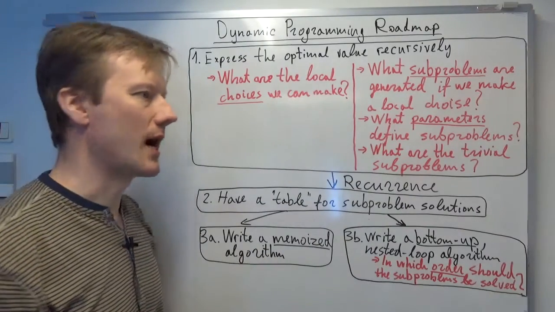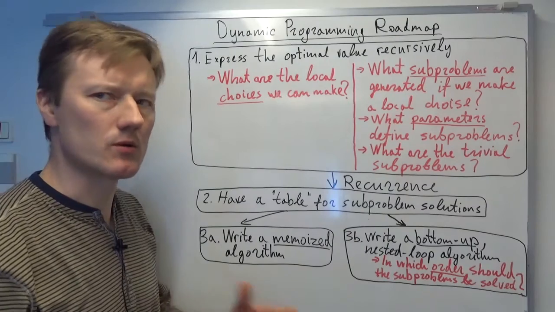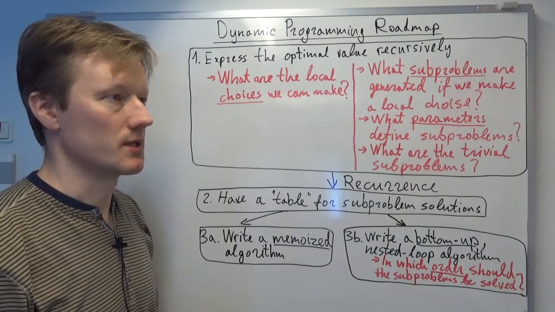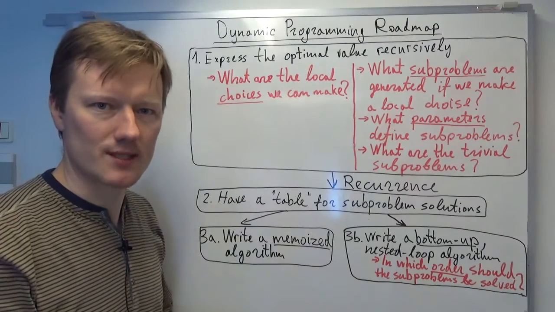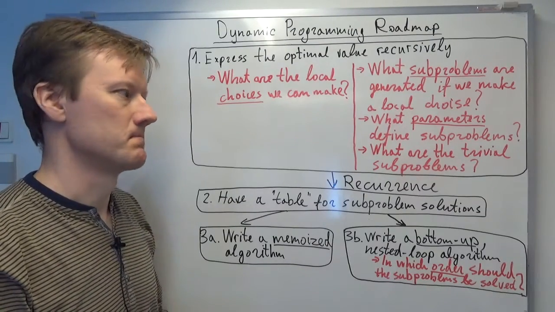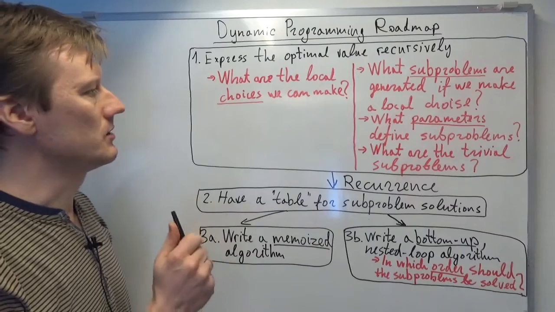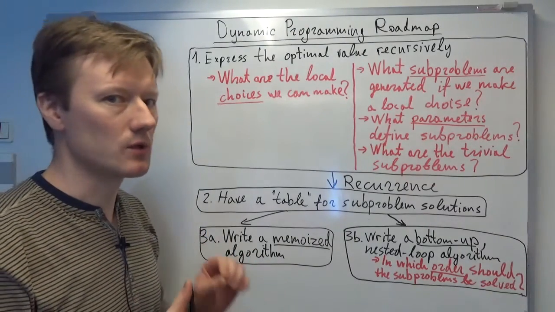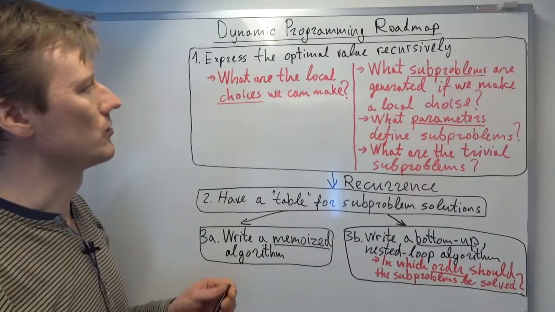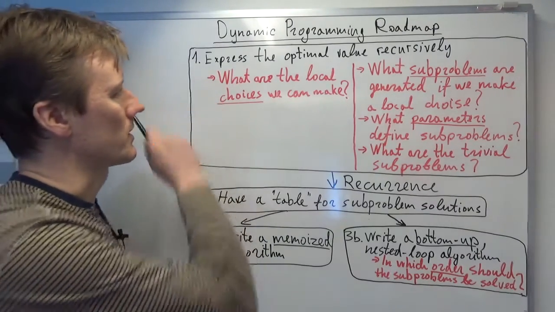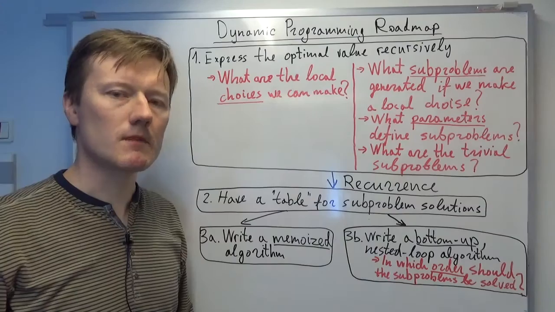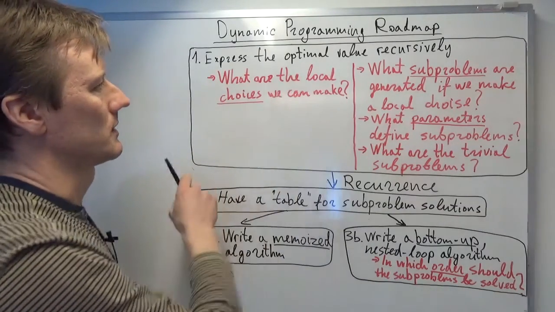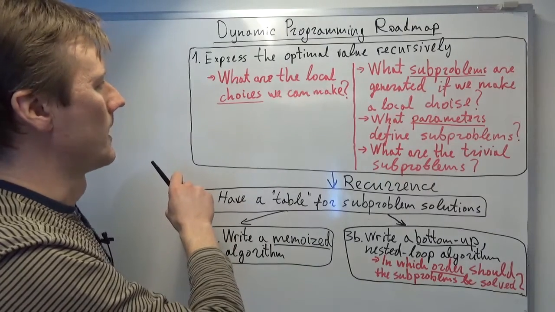So do not think how you are going to construct the optimal solution, in this case the actual coins that you need to change the amount. Think only about how to express the value.